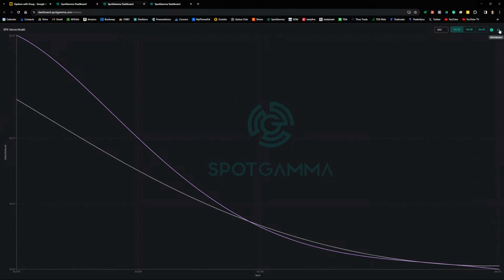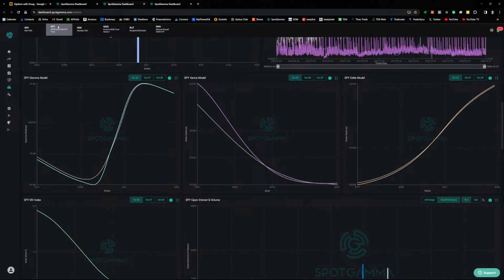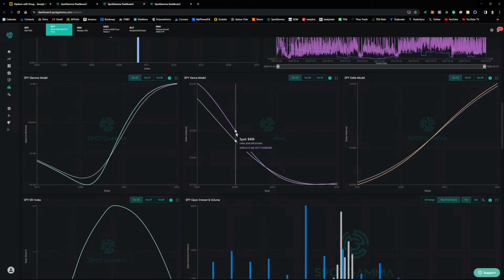All right, let's take a look at the Vana model for SPY. SPY low of the day right around 412.50, somewhere around here. Currently trading about 3 points higher.